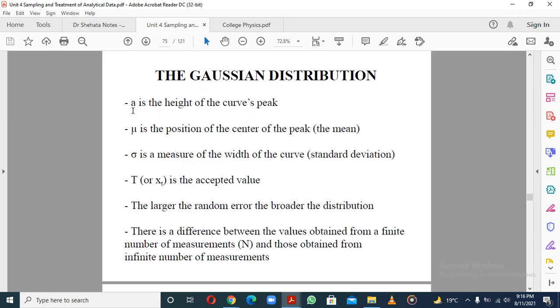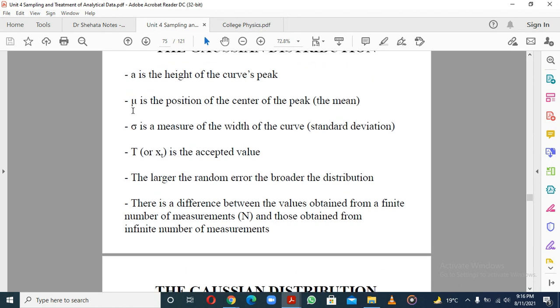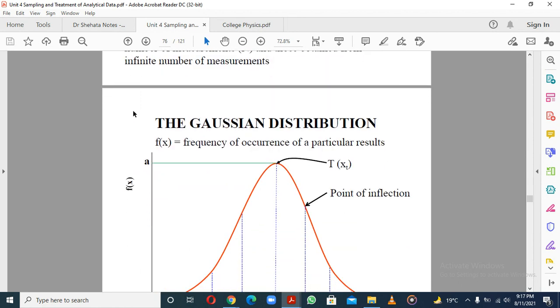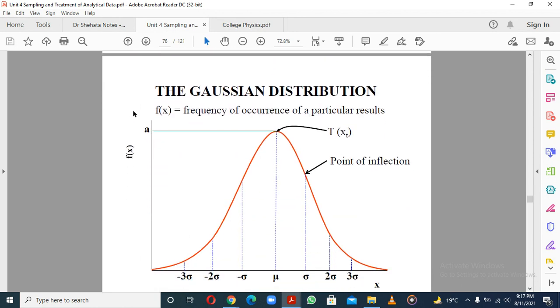Then the A, that's the height of the curve's peak. So in short, those are the values that you are getting. Let's say we are measuring the mass of the copper ore. So that would be the mass of the copper ore on the x-axis, and the y-axis would be the frequency of occurrence of a particular result.